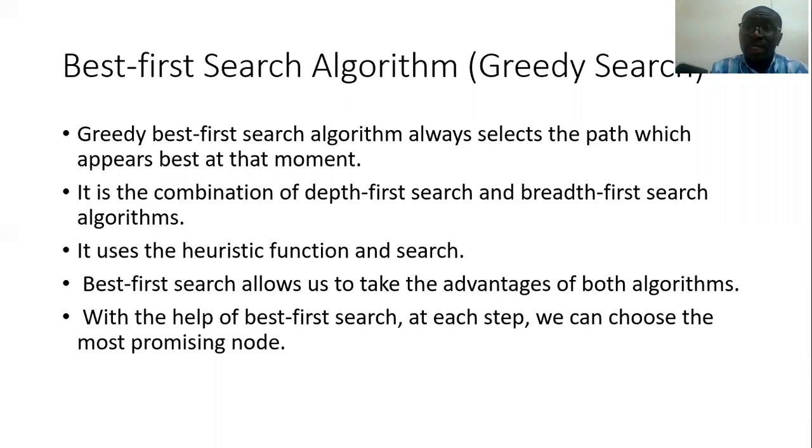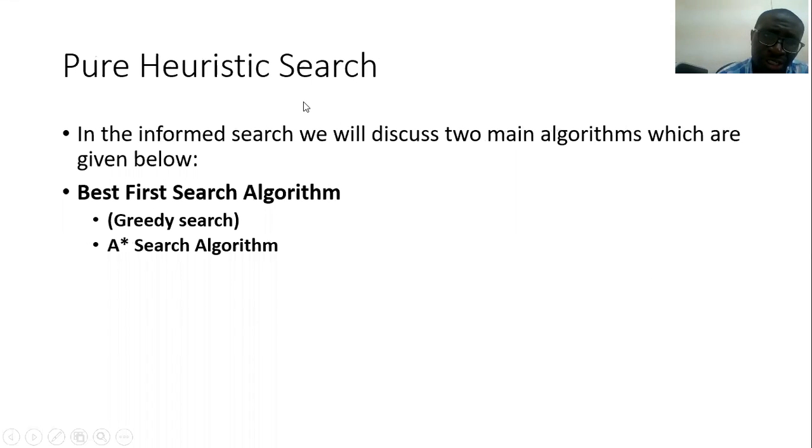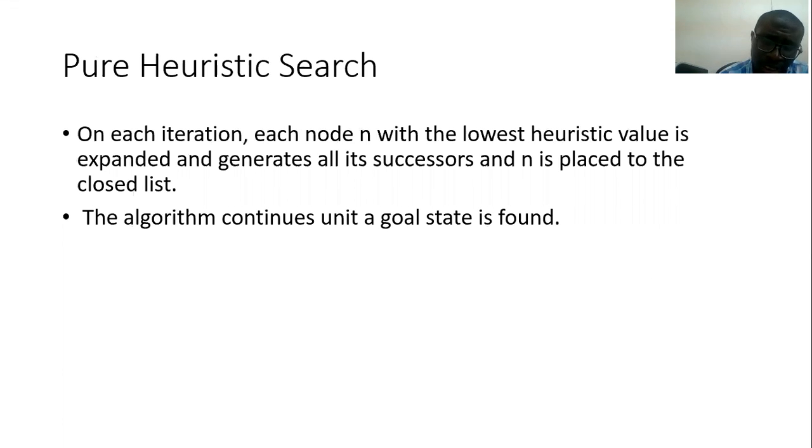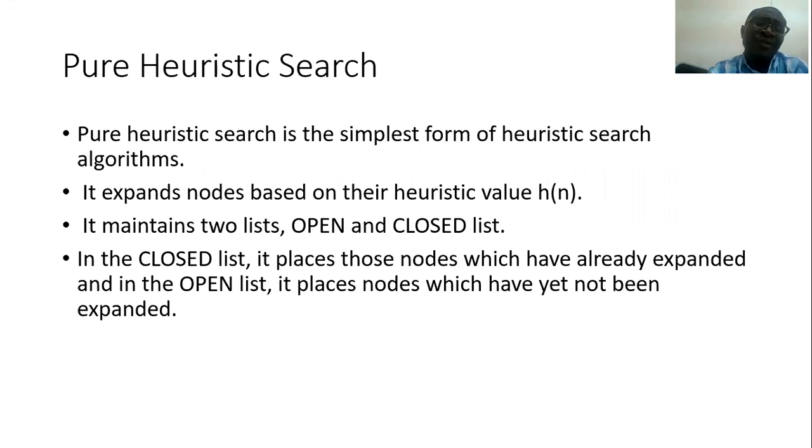Now we want to look at another type of search, and that is the informed search. With informed search, the agent will have additional information about the search space. This additional information usually comes in the form of some heuristic.